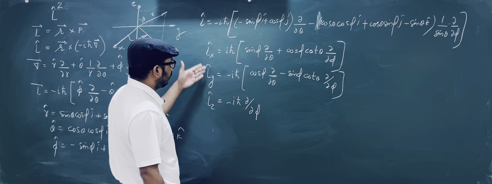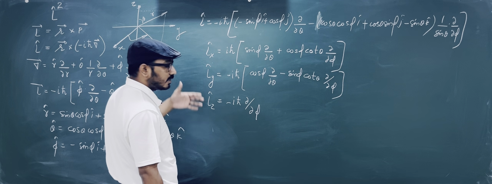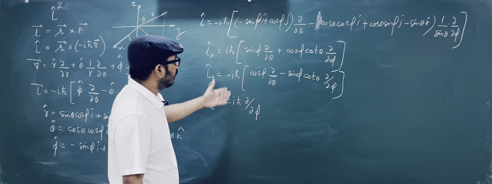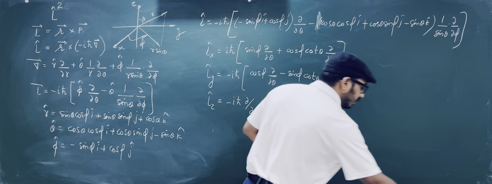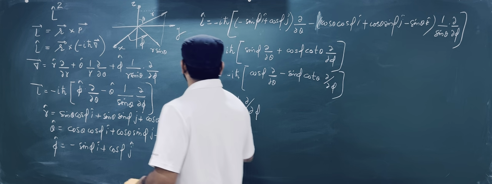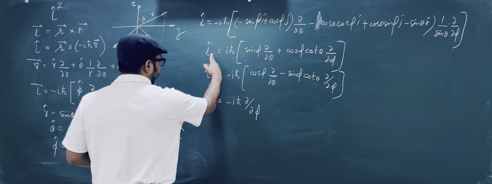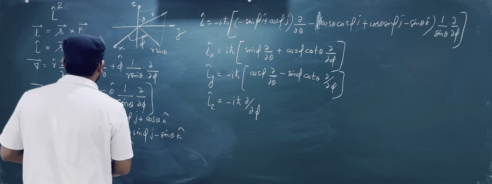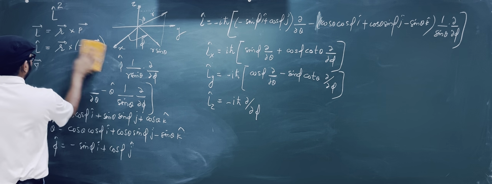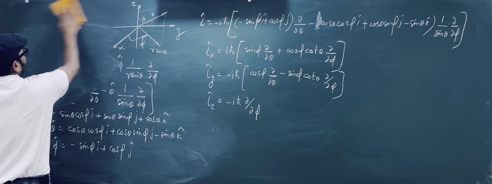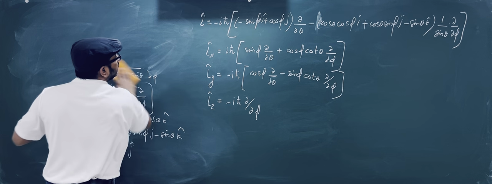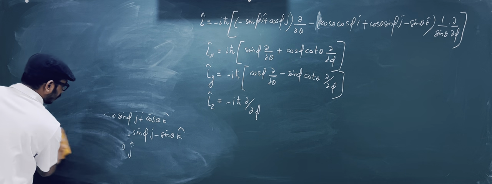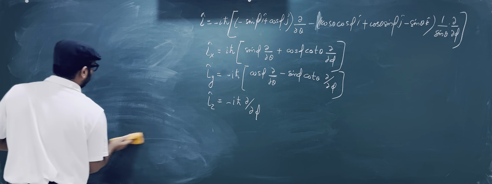So the x, y and z components of angular momentum have been written in theta and phi coordinates. Now we can use these terms to get the square of the angular momentum operator.